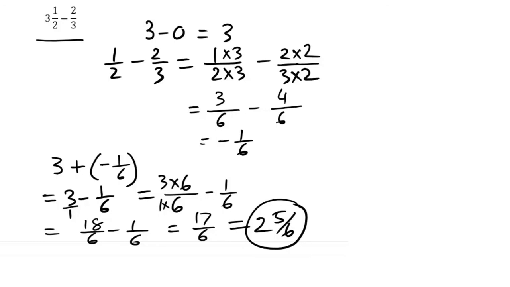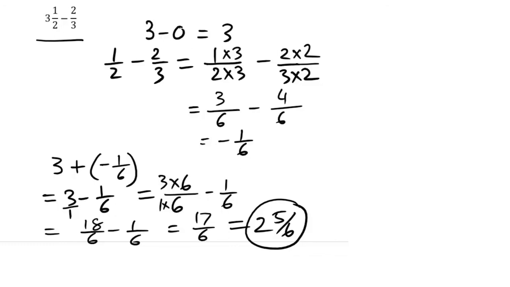I'm just summarizing what we did. We follow the first step, which is subtracting the whole numbers, and the second number has no whole number, which means 0, so it gives us 3. Then we subtract the fractional part, following the steps, and get minus 1 over 6. Our last step is adding these two results.